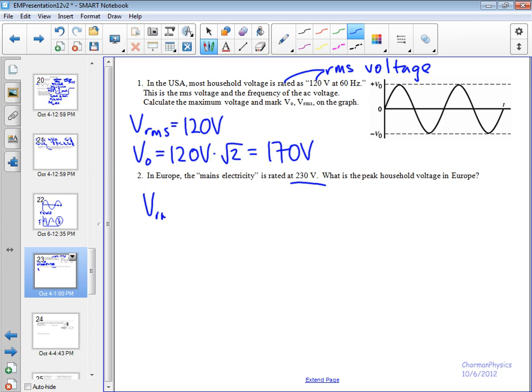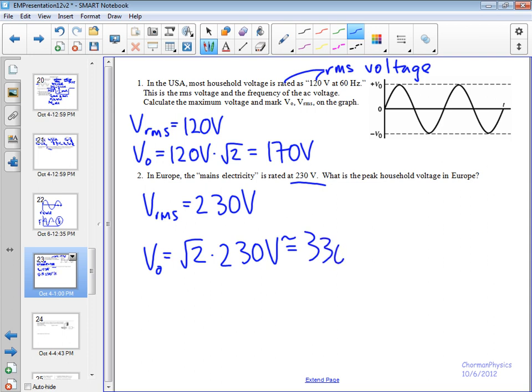All right. In Europe, now we're looking at this voltage rating, 230 volts. So V RMS is equal to 230. And if we solve for the peak voltage from that sine curve, it's just going to be square root of 2 times 230 volts, and that's approximately 330 volts.